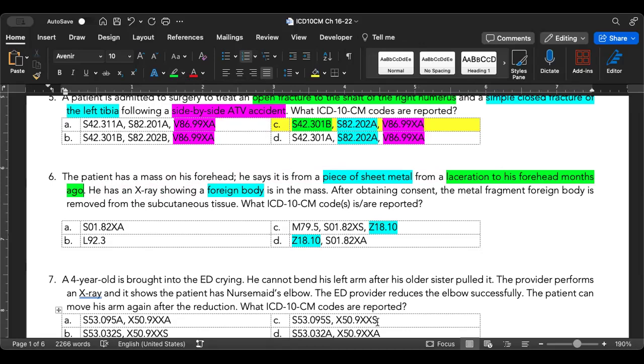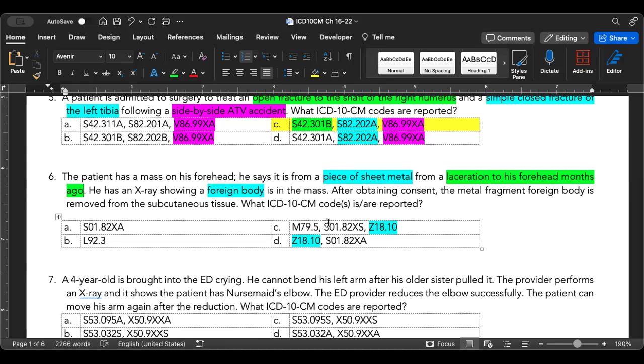It's going to be the sequela because it happened months ago and it's healed. So we'll go to main term laceration. Underneath laceration, you'll go to forehead. And then there is a foreign body. So what is that code that it gives us? S01.82. Yep.